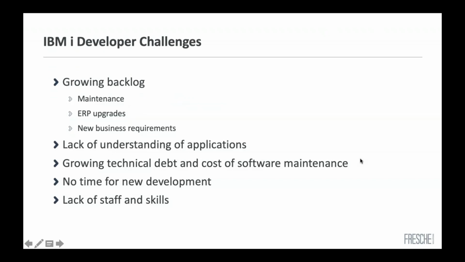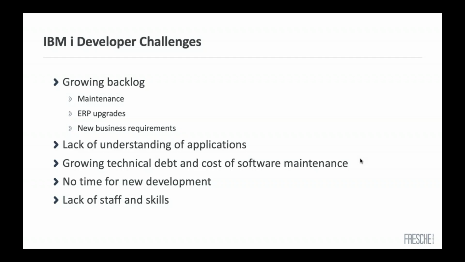So I'm going to discuss the obvious. What challenges do we have in the IBM community as far as developing code and maintaining code? I think it's universal that the backlog of things that we have to do, things that need to be changed or improved or modernized, is growing.